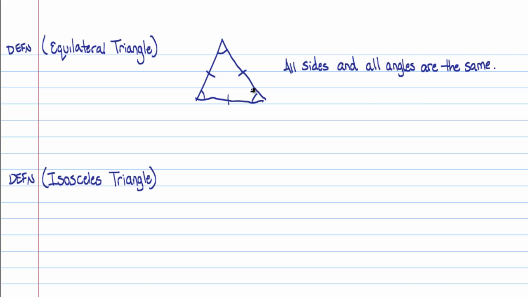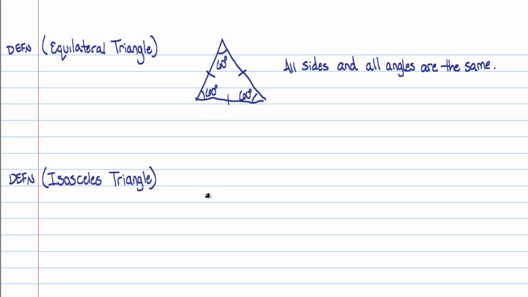In that case, if you have 180 degrees and you're splitting it equally amongst three different angles, then each of them must be 60 degrees. So equilateral triangles are very special, very specific. They all have 60-degree angles. Now the side lengths don't have to be 1, 1, 1. They could be 5, 5, 5, or pi, pi, pi, anything like that.